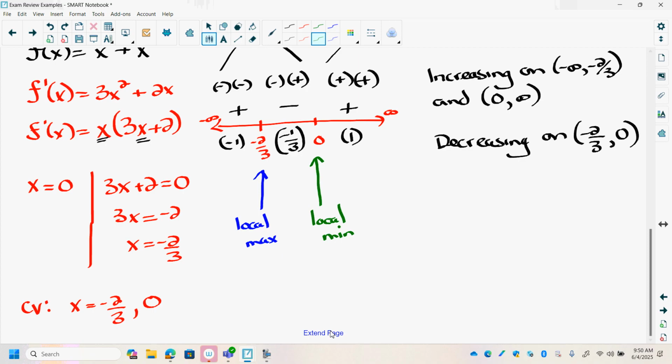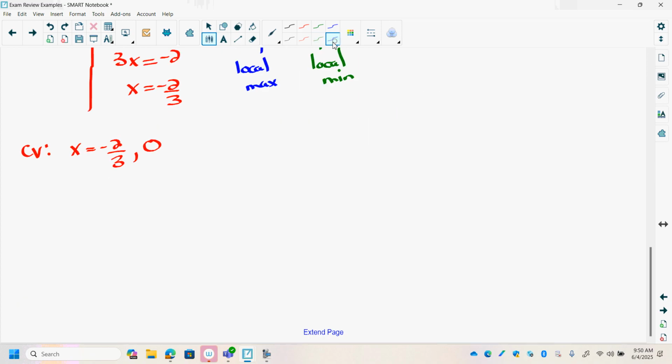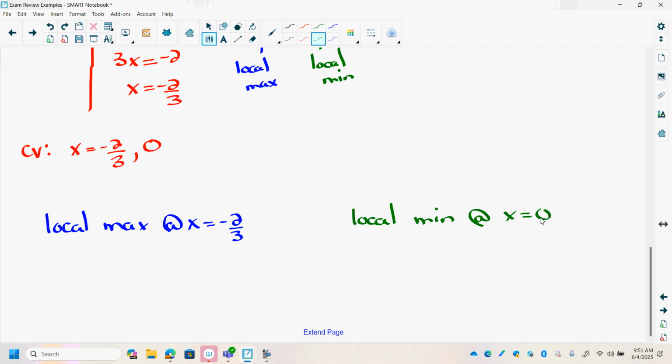So let's do that. So I have a local max when x equals negative 2/3. And I have a local min when x equals what?